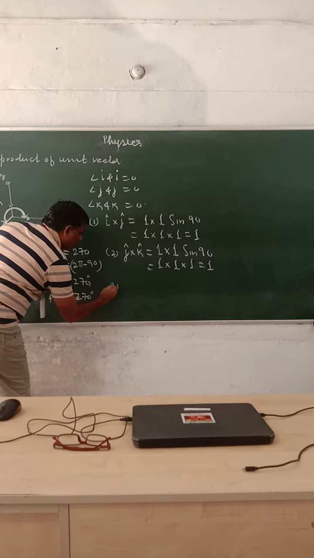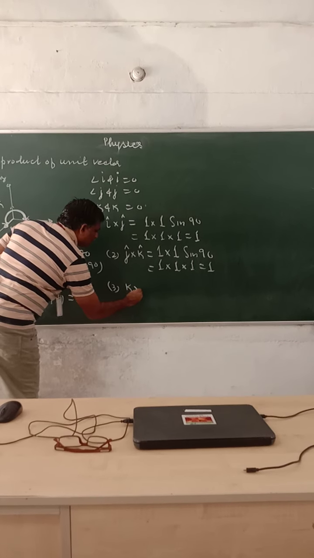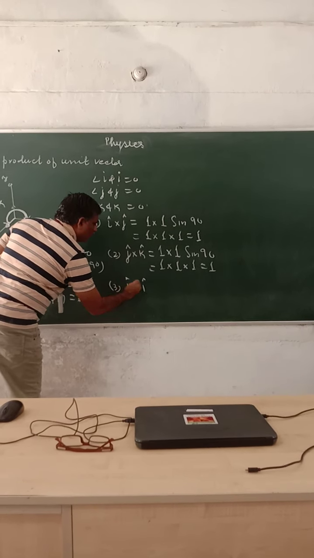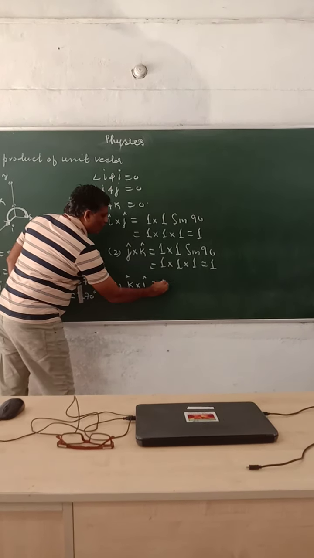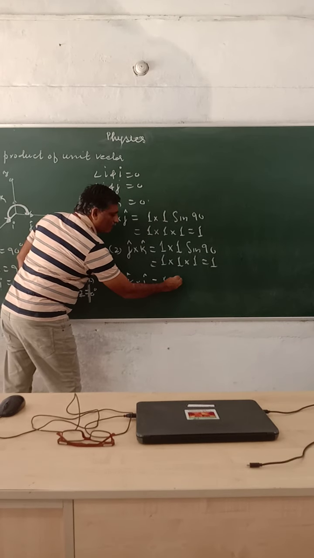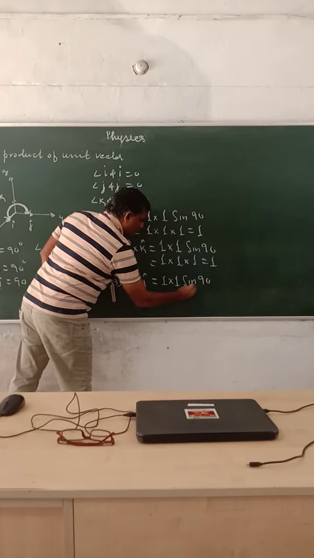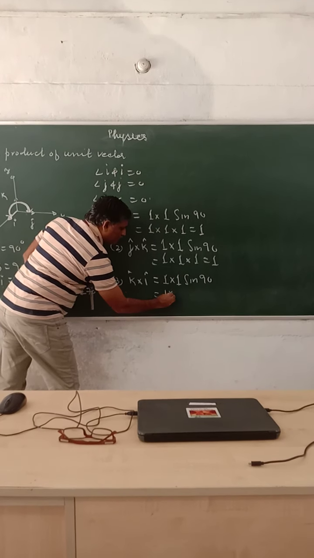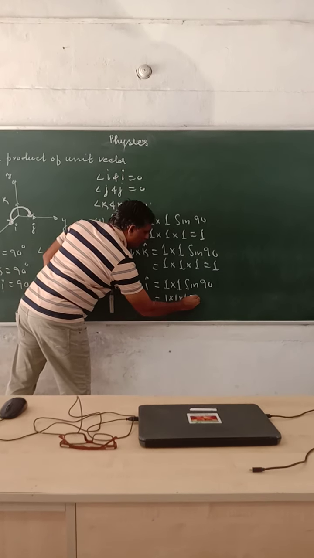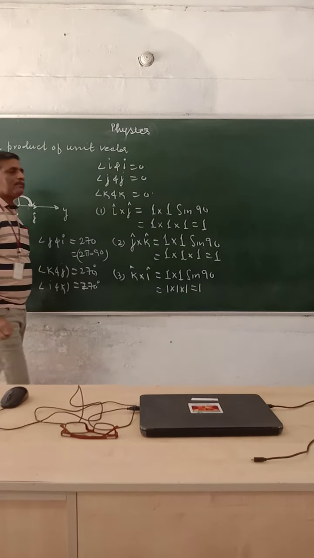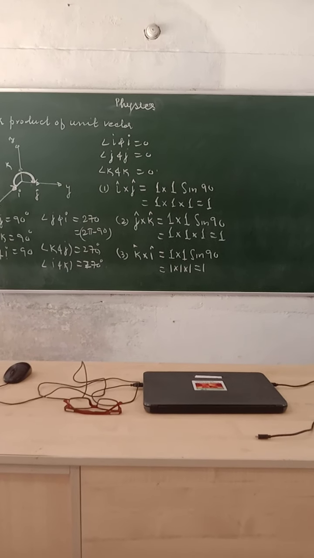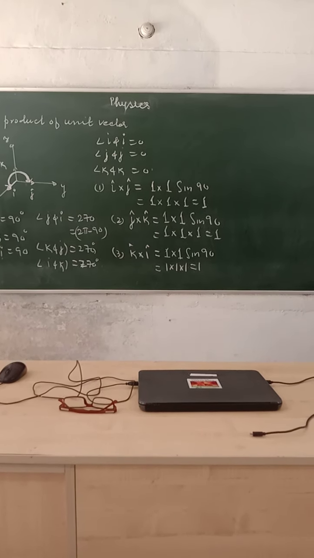Similarly, we can take k cross i. Magnitude of k 1, magnitude of i 1, sine 90, which is 1 into 1 into 1, which is equal to 1. So k cross i is equal to 1.